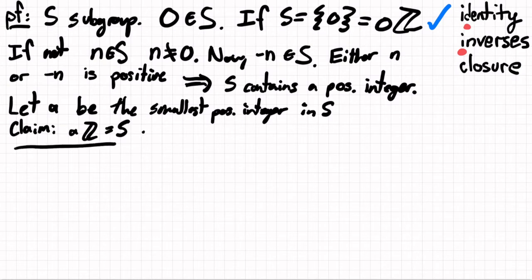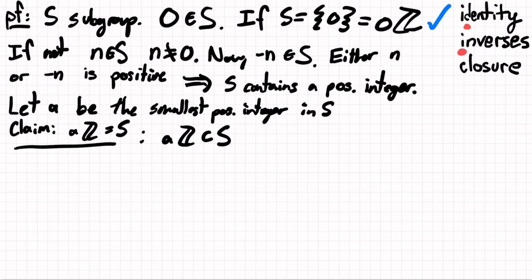So now to prove this, we'll do it in 2 steps. First, we will show that AZ is contained in S, and then we'll show the opposite, that S is contained in AZ. Let me erase this just for a second.